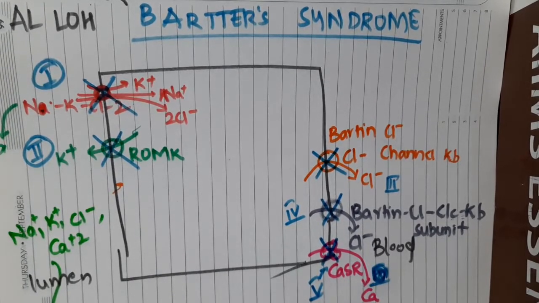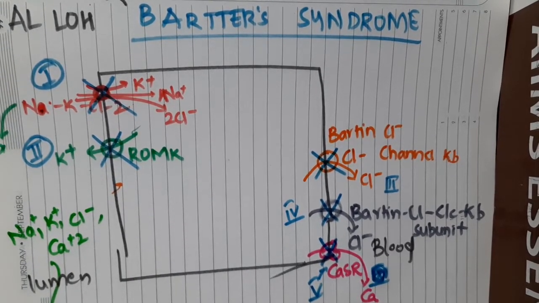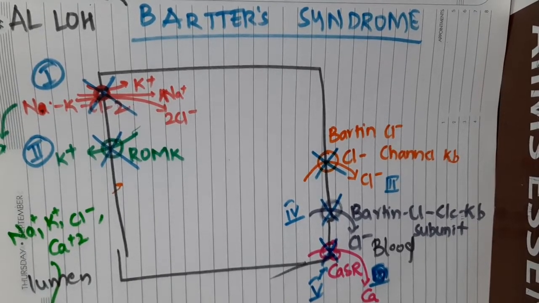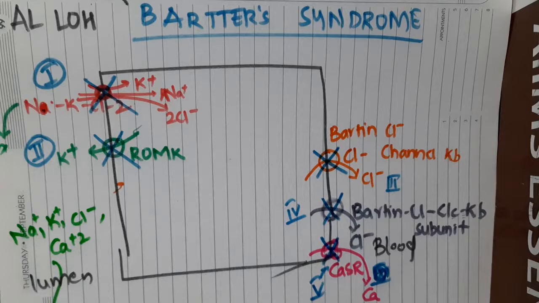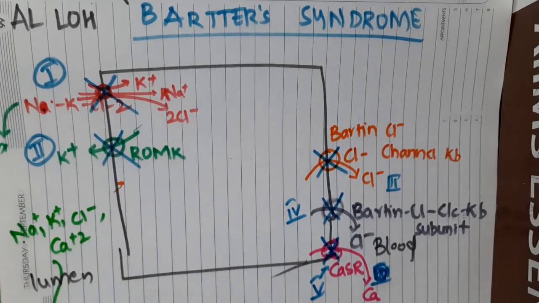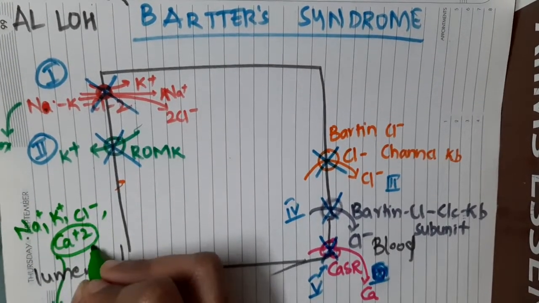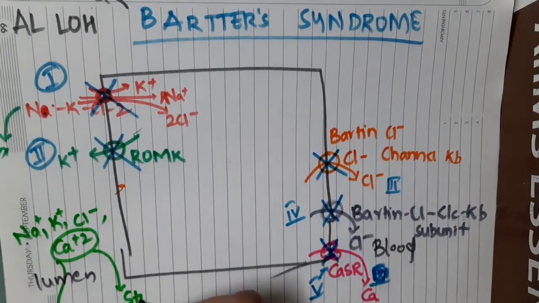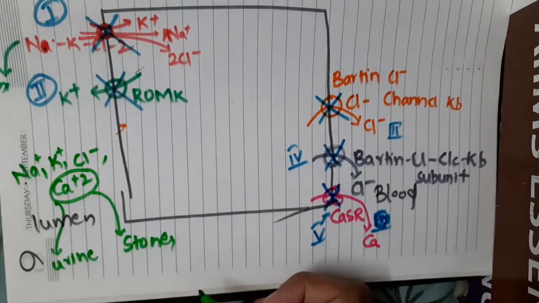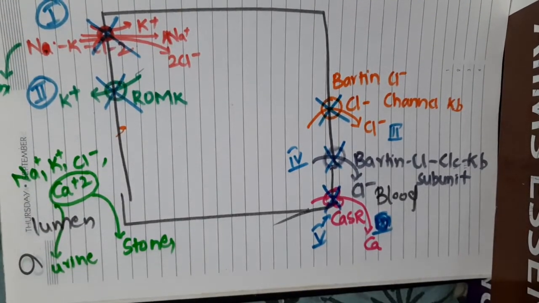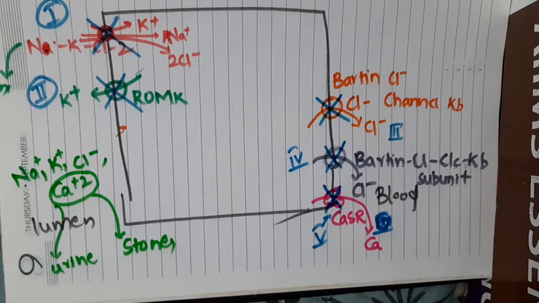In the blood we have hyponatremia, hypokalemia, and hypocalcemia. There is sodium and chloride wasting, and hypercalciuria occurs. Because calcium is increased in the urine, this will predispose to the formation of renal stones.